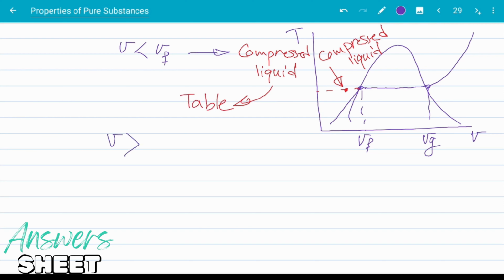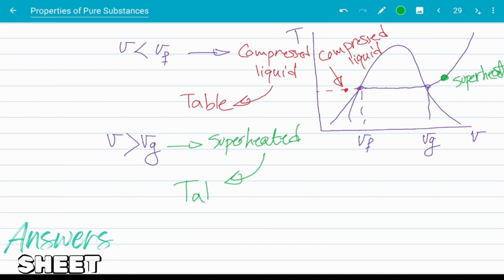If our volume was larger than the specific volume of saturated vapor, we would end up somewhere like here, which is the superheated region. So we would conclude that if V is larger than V of G, we are in the superheated region, and we would go check the table for superheated properties.